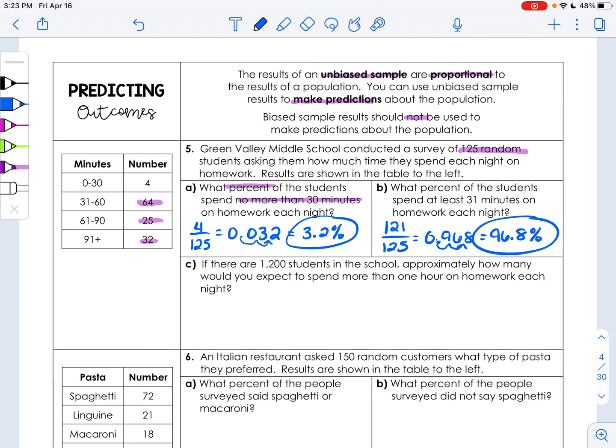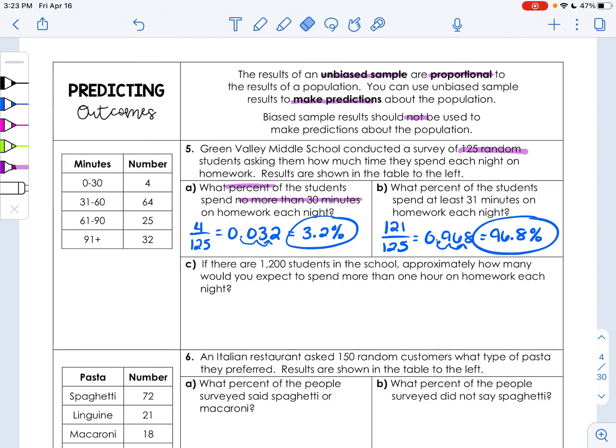C asks, if there are 1,200 students in the school, approximately how many students would you expect to spend more than 1 hour on homework? So first we need to find the percentage that would be. So just like we did, spending more than an hour.